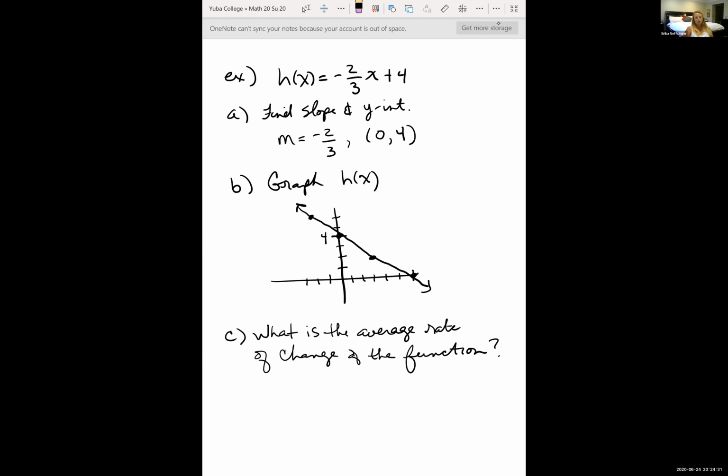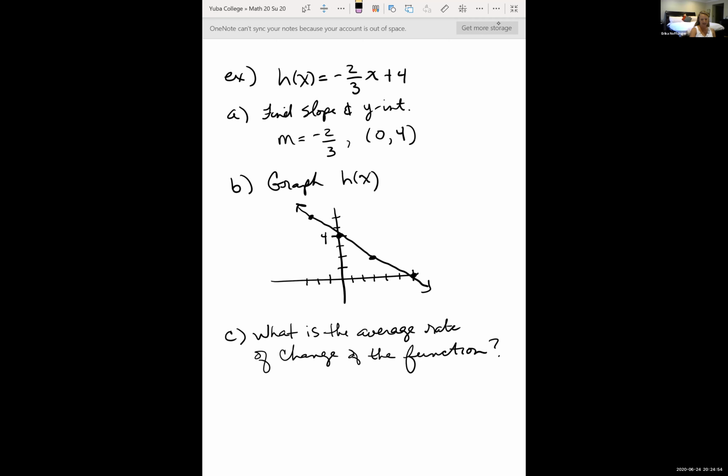It doesn't matter where you choose 2 points on this line. Any 2 points that you choose, as long as they're not the same, any 2 points that you choose on that line and you found the change of y over the change of x, you're going to get the same result when you simplify it down. And that's true for lines. And so our average rate of change is constant.